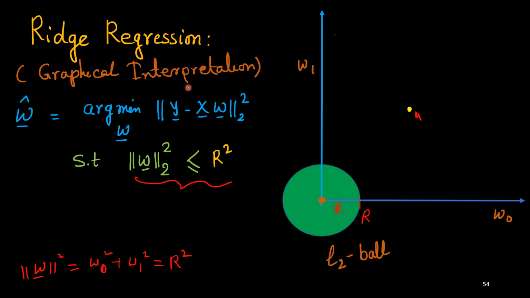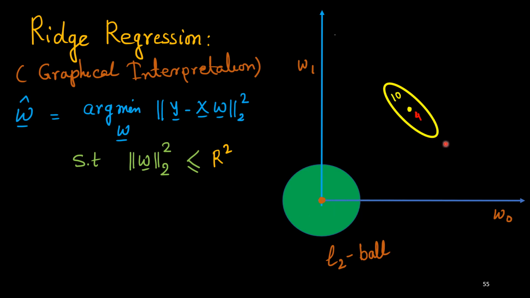First we'll consider the contours of this cost function, with higher errors, you see. I'll consider this contour, which I have written as 10. 10 implies that the error is 10 everywhere on this line. It is more than 4, obviously.